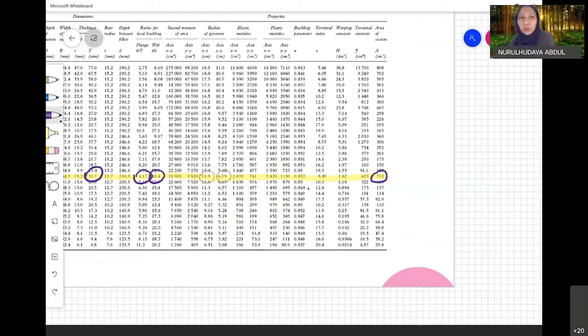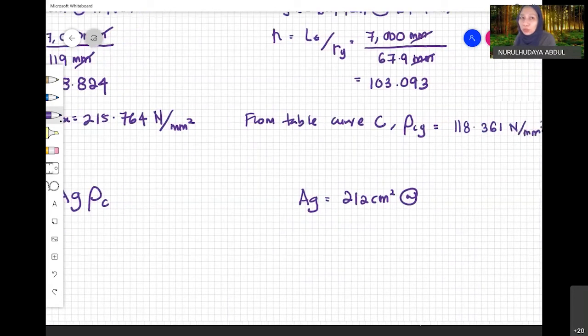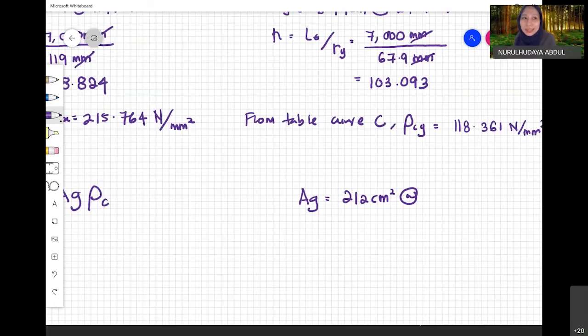This section has an area of 212 cm square. You have to convert it into millimeter square, because we want to multiply with our PC in Newton over mm square. To convert centimeter square to millimeter square, multiply by 10 twice. So it becomes 21,200 mm square.